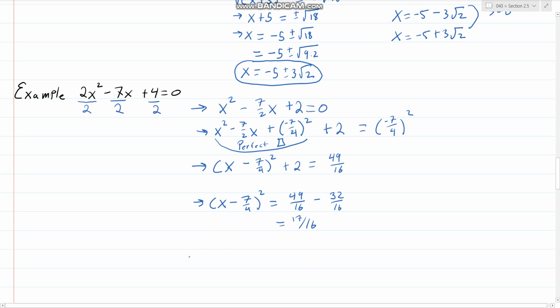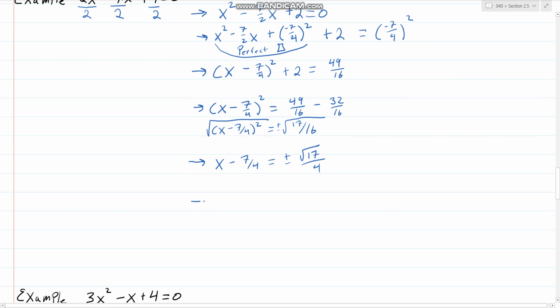Now I'm going to take the square root of both sides. So I have x minus 7/4 squared, and I'll need to rewrite this, plus or minus square root. Now I have x minus 7/4 equals plus or minus. Now the 17, well, that's certainly not a perfect square, but the square root of 16 is, that's a 4.